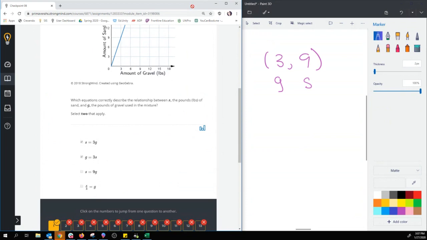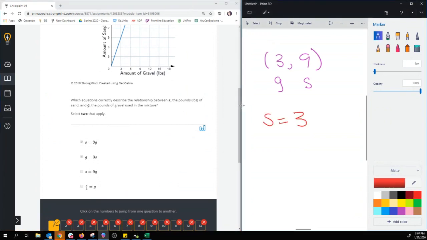Let's try this first one, where S is equal to 3 times G. Wherever G is, I'm going to replace it with 3 because 3 is G. And wherever S is, I'm going to replace it with 9 because 9 is my amount of sand. So I would have 9 equals 3 times 3.